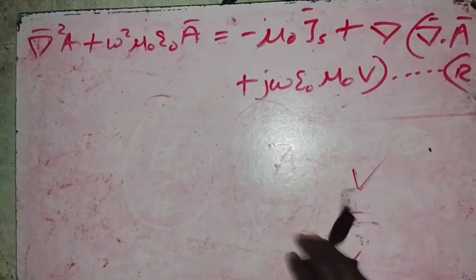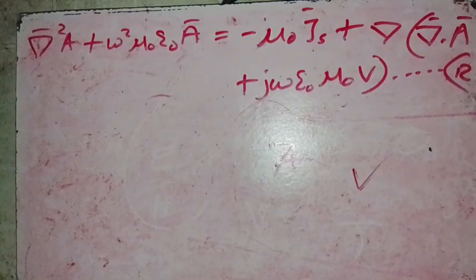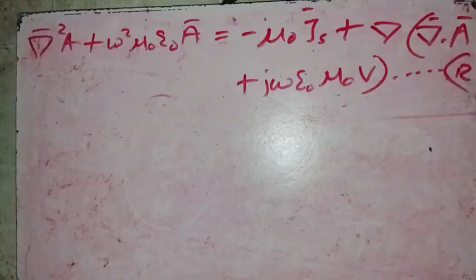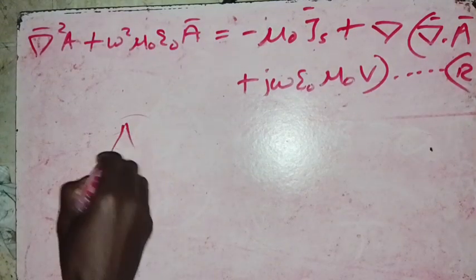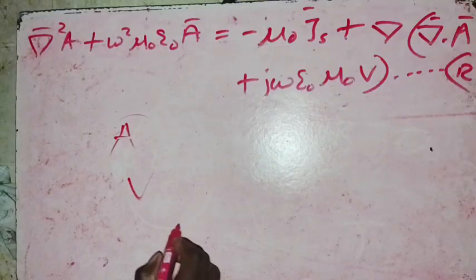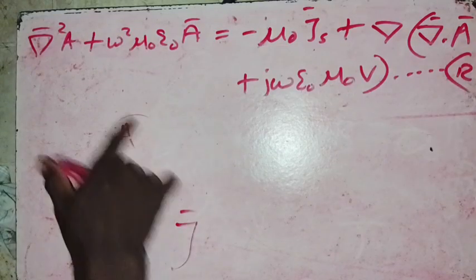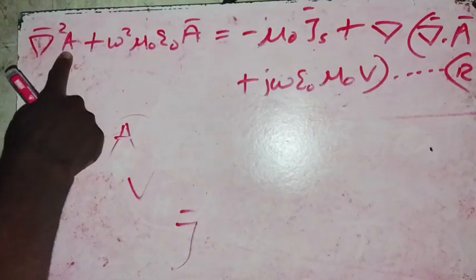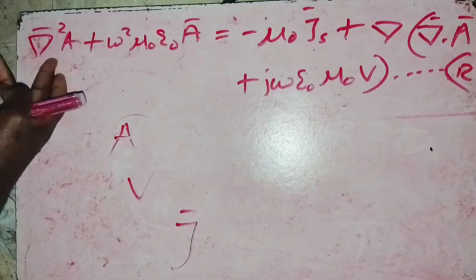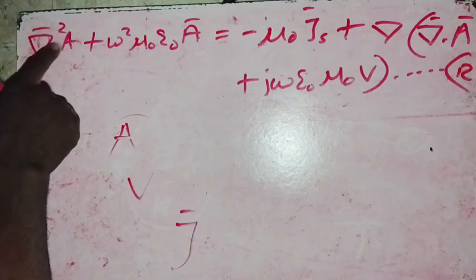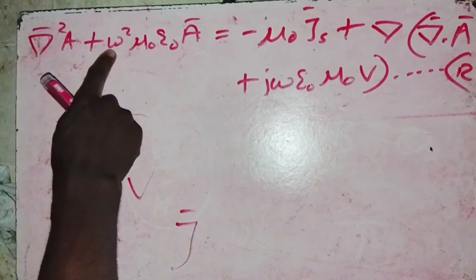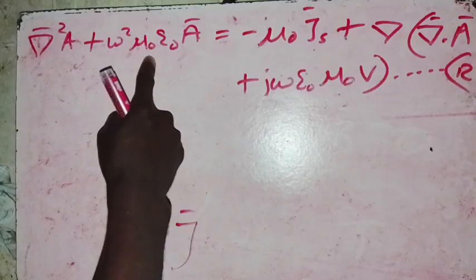So let's continue. I should not wipe that out, I think I need this to be clear enough. Since we already have this, look at this equation, what do we have? A. This nabla is a vector operator acting on this. All these guys, they are numbers.